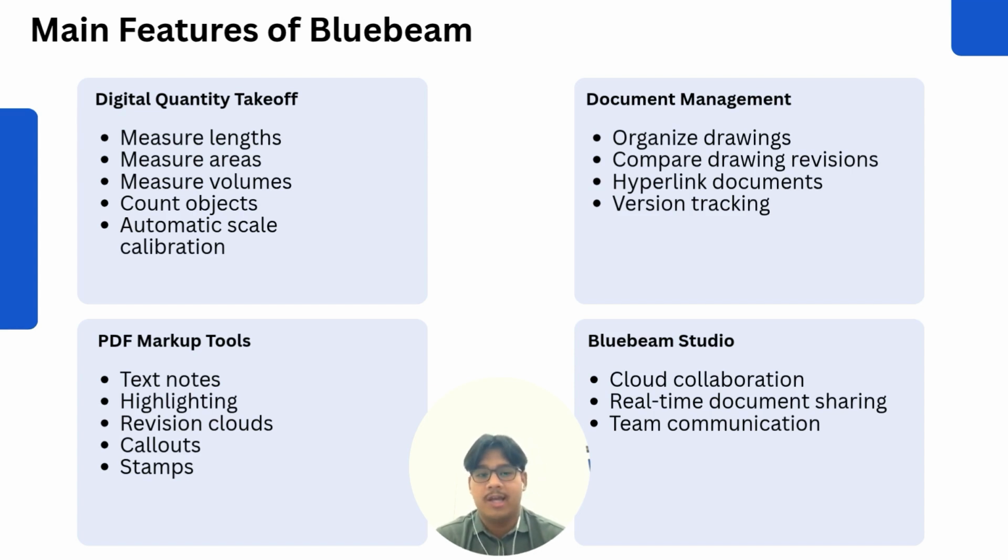Other than that, they also have document management. They can organize drawings, compare drawings, revisions, hyperlink documents, and version tracking. Also, they have PDF markup tools: text notes, highlighting, revision clouds, callouts, and stamps. They also have what they call Bluebeam Studio, for collaboration, real-time document sharing, and team communication.